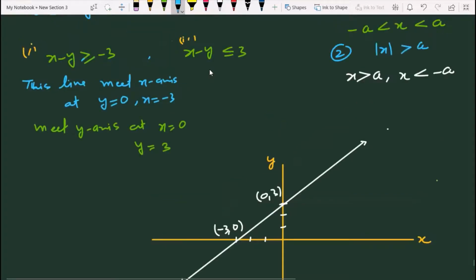This side or this side? How to check what is the solution? We take a point which is called a testing point, 0, 0. This equation gives 0 greater than or equal to minus 3, which is true.